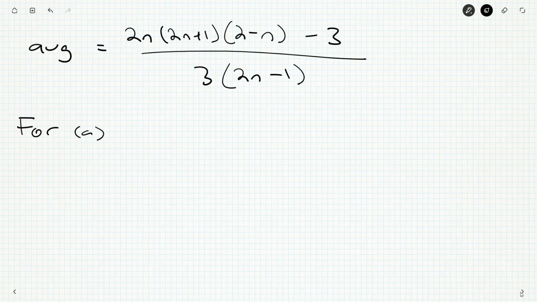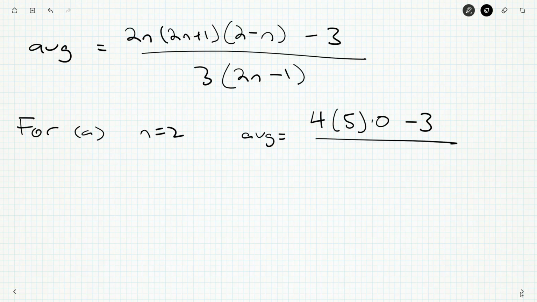So for A, n is 2. So the average is going to be 4 times 5 times 0, minus 3, all over 3 times 3. So the average value of the sum should be negative 1/3.